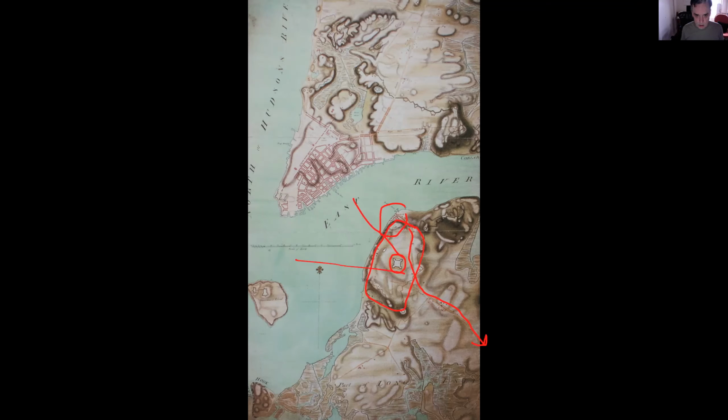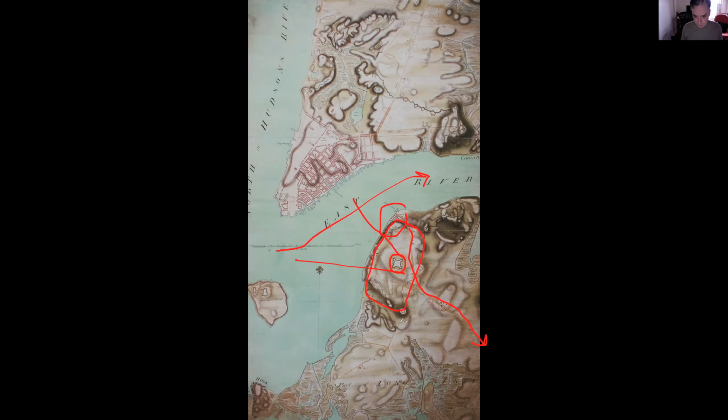That didn't work. That was completely useless in the Battle of Brooklyn. Because why, you ask? Because the British Navy just sailed right past it. So that was worthless. But then the British took it over and used it.